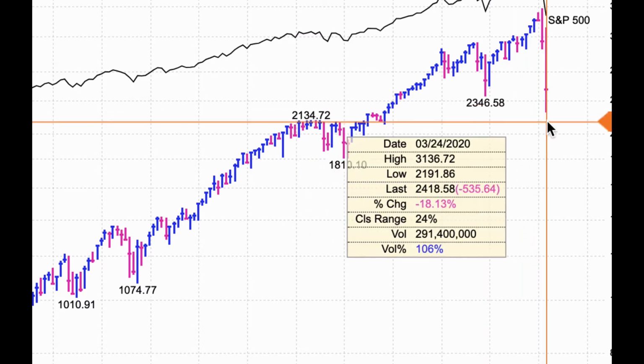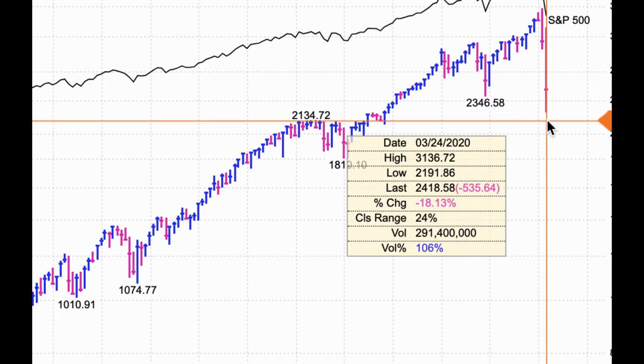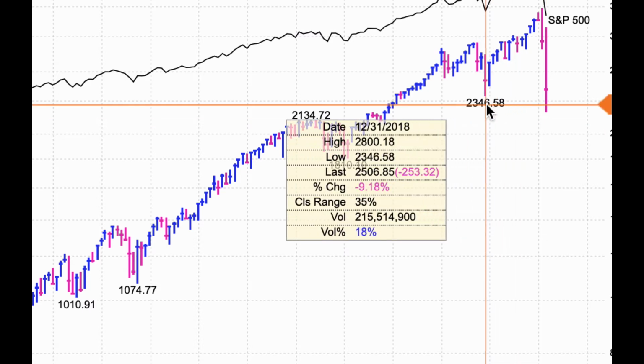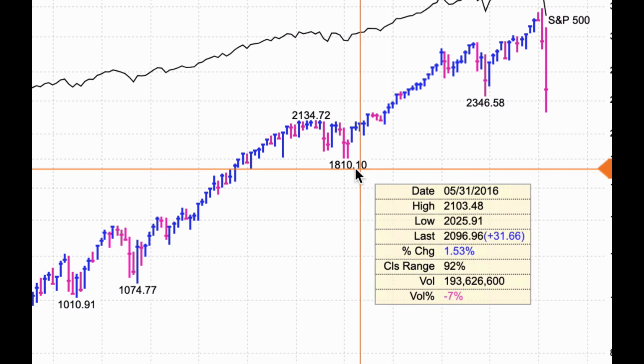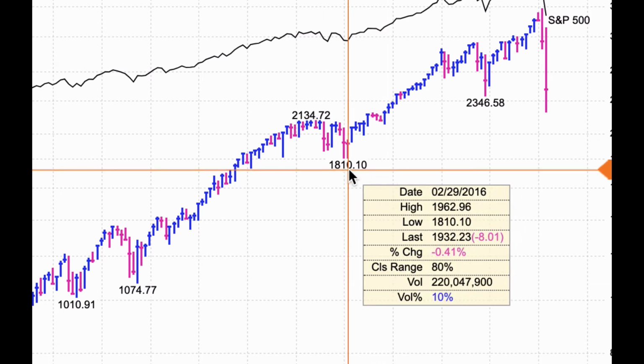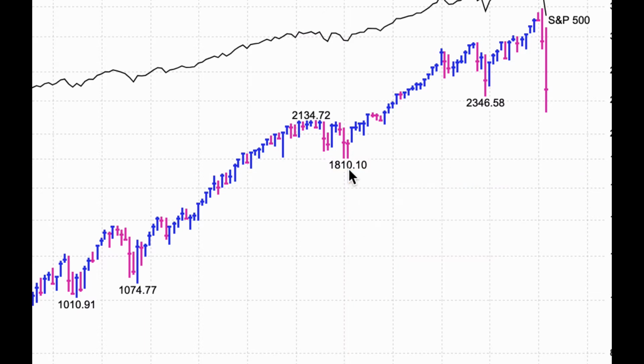So for this month's current pullback, we are looking at a low of 2191. So we broke this support back here from 2018. So back here in 2016, it looks like the low was around 1800, 1810.